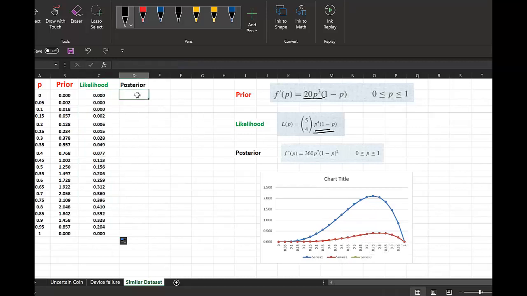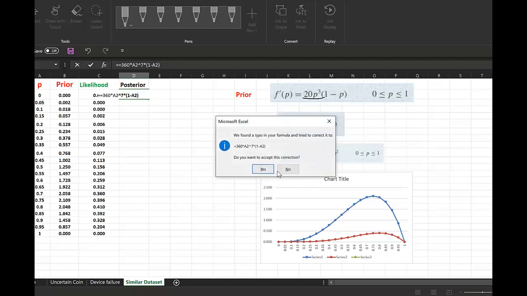Now we can plot the posterior distribution, that is 360 times p raised to the power 7 times (1 minus p), and this p is this value.